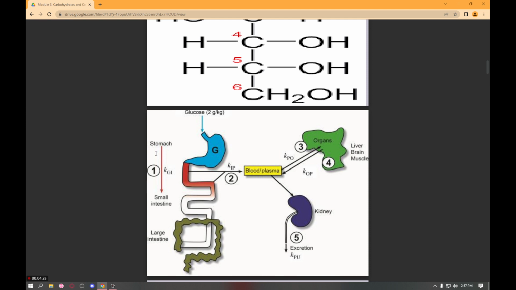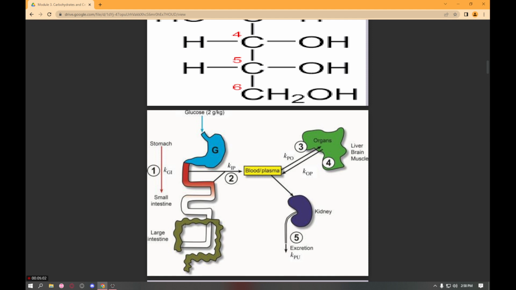From your stomach, it goes into your small intestine. There are other carbohydrates which are not easy to digest, which means that they need to go into your small intestine, where they are in the form of disaccharides. There are carbohydrates that are already digested in your stomach and go out into your small intestine for final absorption. But the most important is that your small intestine is important for final absorption.